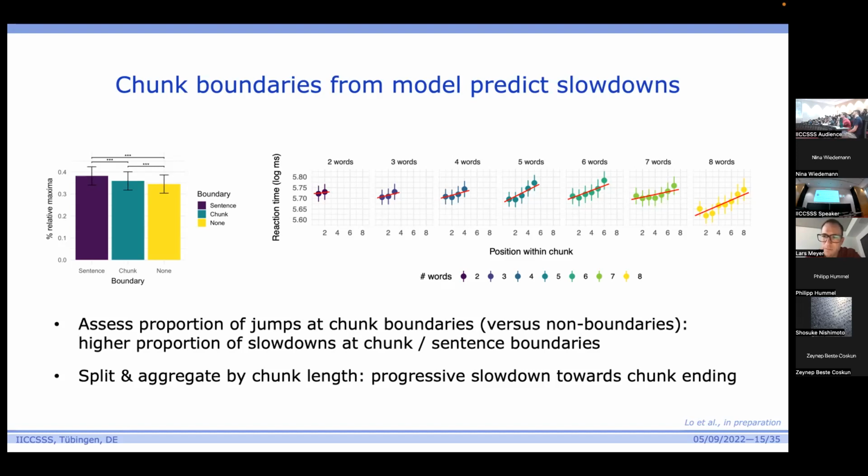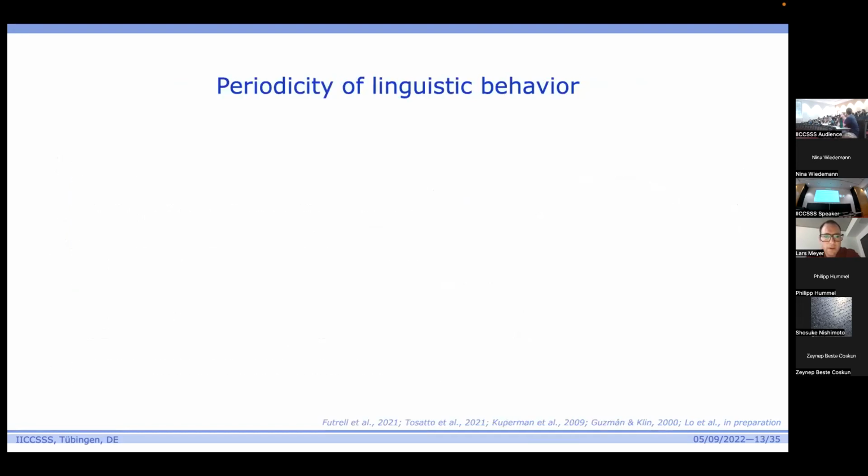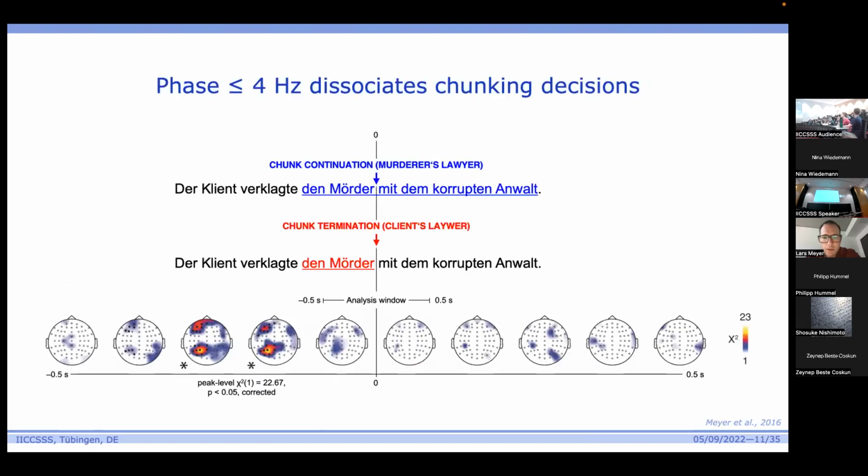But did you match the EEG recordings with the kind of reaction times or something? Ah, that's a good question. It's a different data set. So here in the EEG, there's only a behavioral task after the sentence. Because when you want to do this analysis, you need clean data.